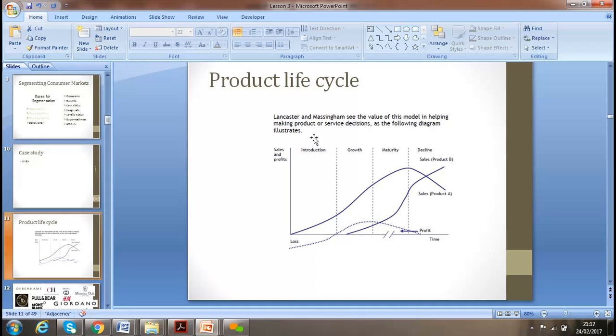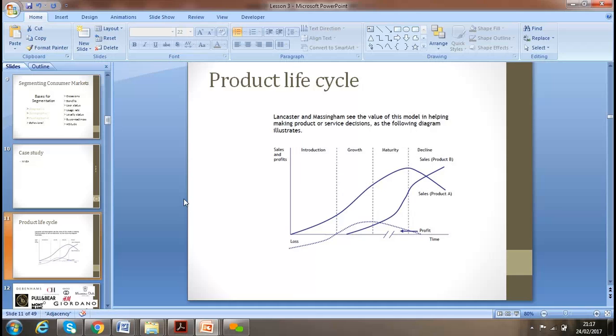So maybe you can think about the introductory stage, growth stage, and maturity stage. You can reflect back on where you used to work: some products at the introductory stage, some at a growth stage, some at a mature stage, and maybe a few in decline.